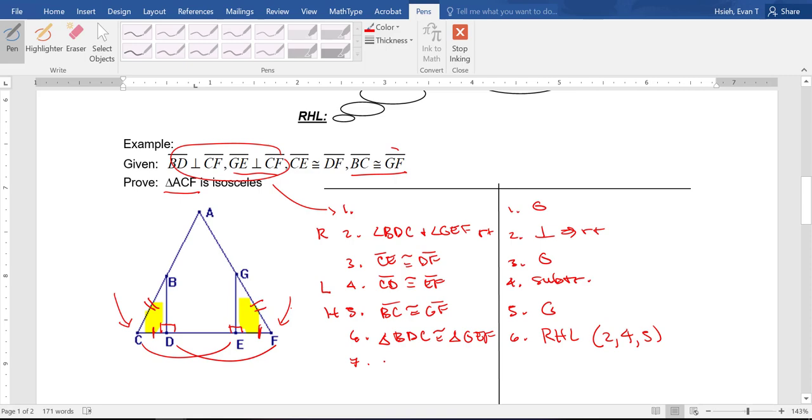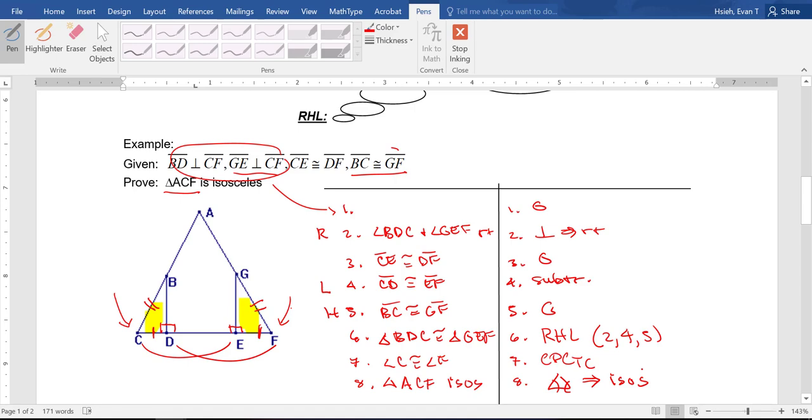My follow-up to that, of course, will be a CPCTC step. Angle C is congruent to angle F by CPCTC. And then my last step will be that it's isosceles. Triangle ACF is isosceles because if my base angles are congruent, then I have an isosceles triangle.